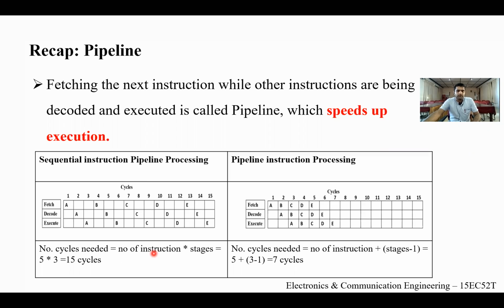If 5 instructions are processed, then 15 cycles are needed. In pipelined instruction processing, the number of cycles needed is equal to the number of instructions plus stages minus 1. If we are using a 3-stage architecture, then to execute 5 instructions it is 5 plus 3 minus 1, that is 7 cycles.